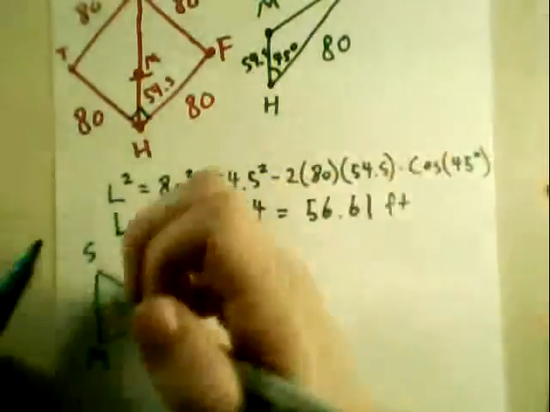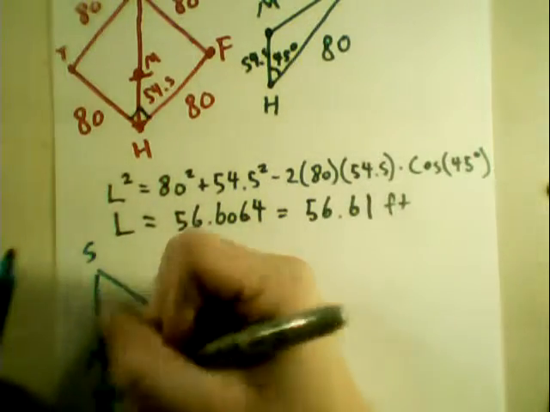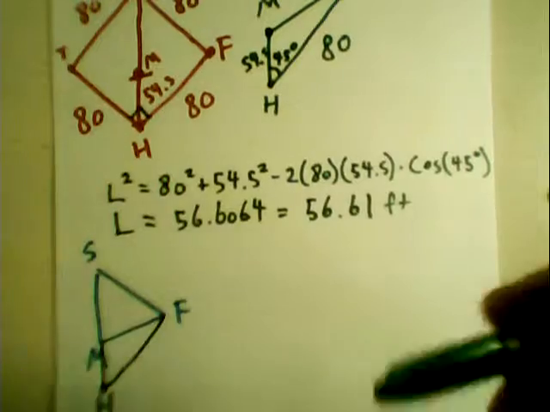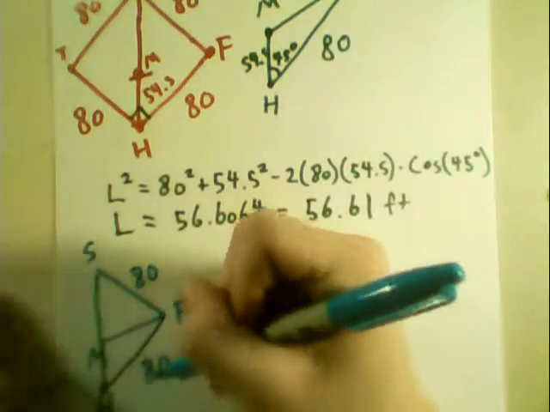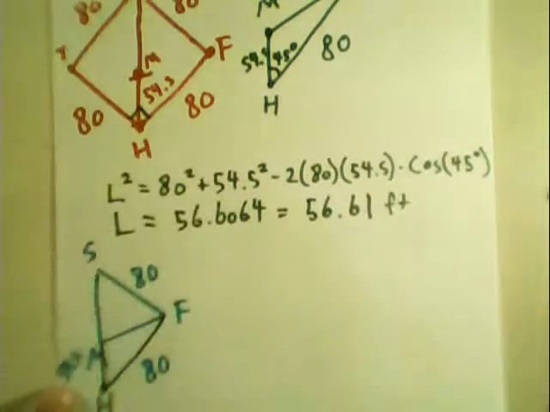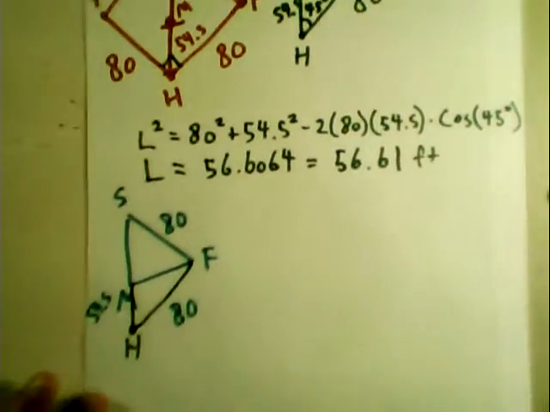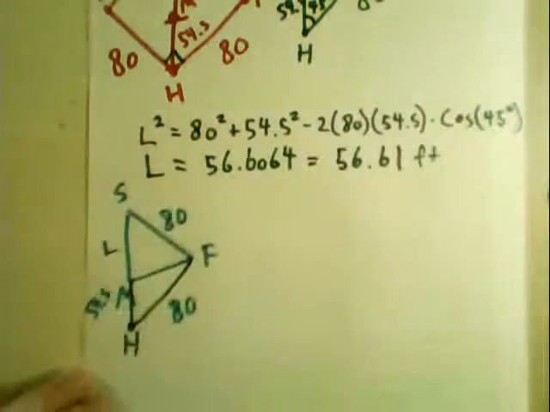And let me draw it with home included so I can show you something. Okay, so here's home. So we know that this side length is 80, this side length is 80, and this side length right here is 54.5. That's hard to see. And we're looking for this length.